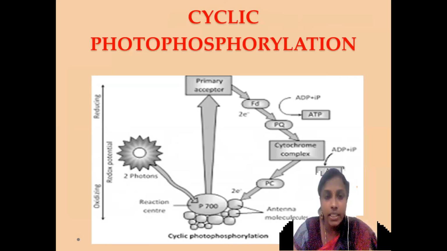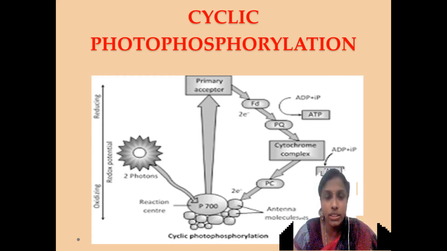The next one is cyclic photophosphorylation. In the non-cyclic photophosphorylation, we have seen the production of ATP and NADPH, but in the cyclic photophosphorylation, only ATP formation takes place, and here only photosystem 1 is functional, and the site of the cyclic photophosphorylation is the stroma lamellae in the chloroplast.